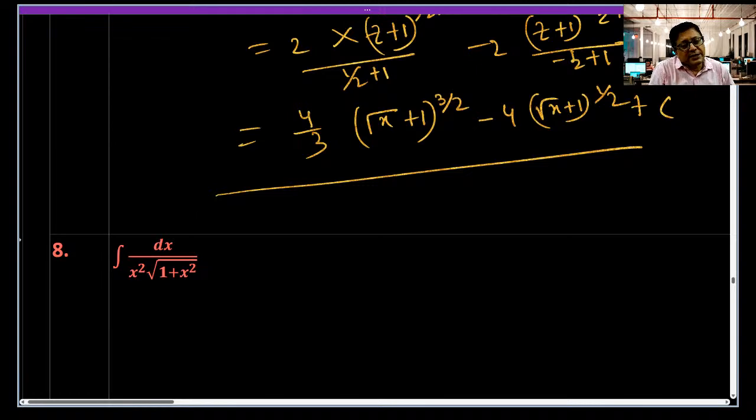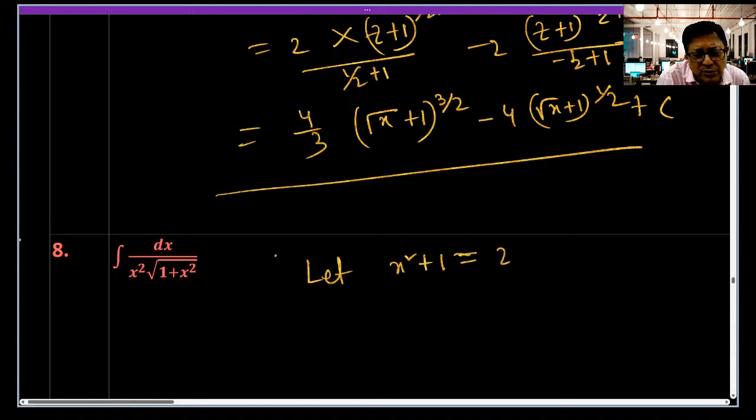Now for this one, dx by x square into root 1 plus x square. How to do it? Will you make any substitution there or without substitution? Can it be done without substitution? If you take 1 plus x square equal to z square, it can be done. Let x square plus 1 equal to z square.